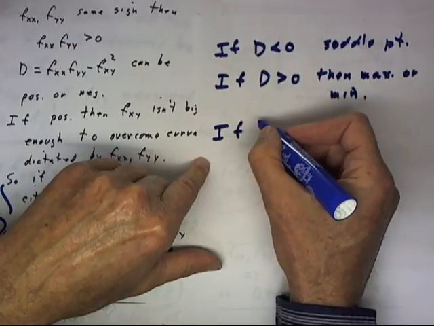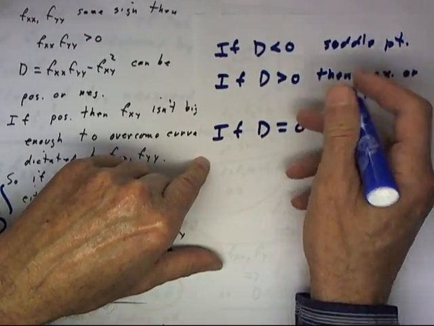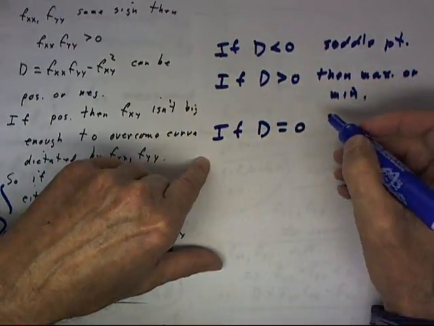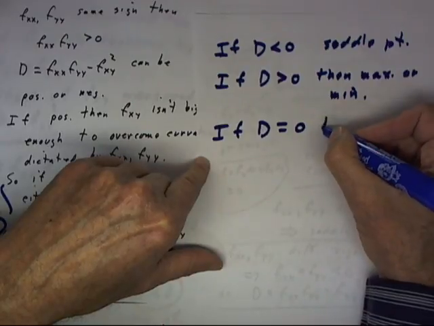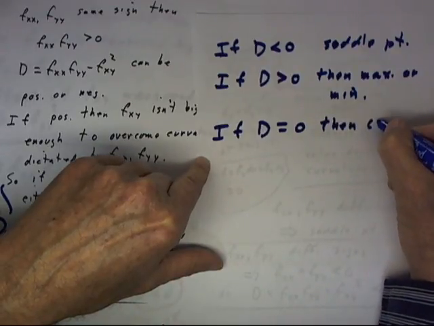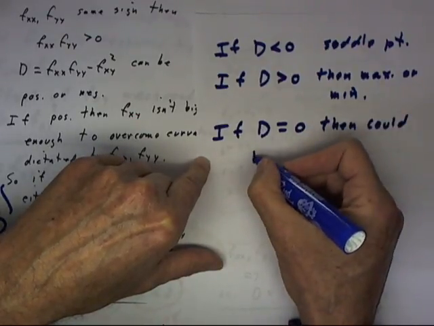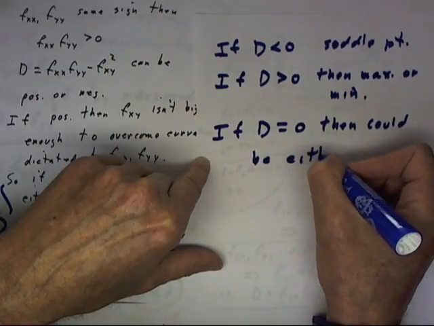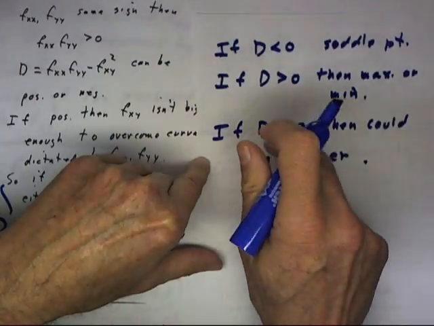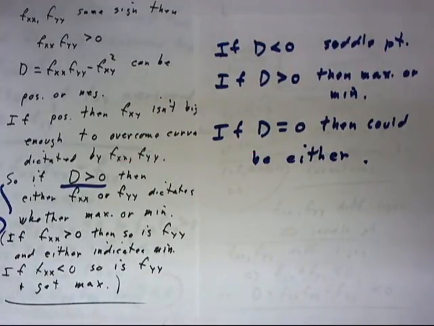If d equals 0, which is the only case left, then it could be either. And we have to use something besides just this discriminant test to determine which.